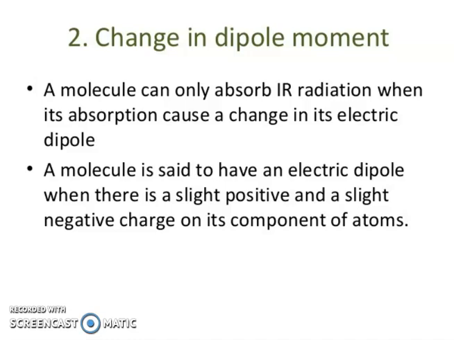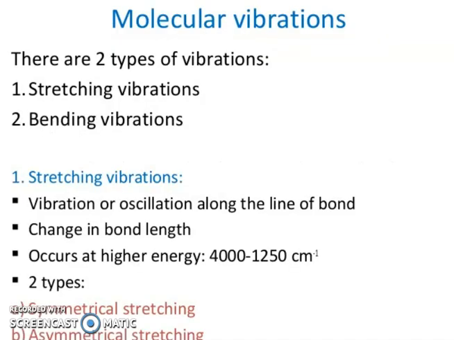My friend, change in dipole moment: a molecule can only absorb IR radiation when its absorption causes a change in its electric dipole. A molecule is said to have an electric dipole when there is a slight positive and slight negative charge on its component atoms.